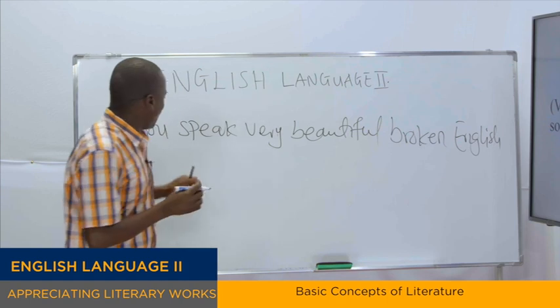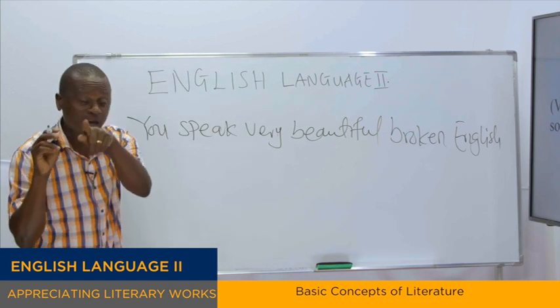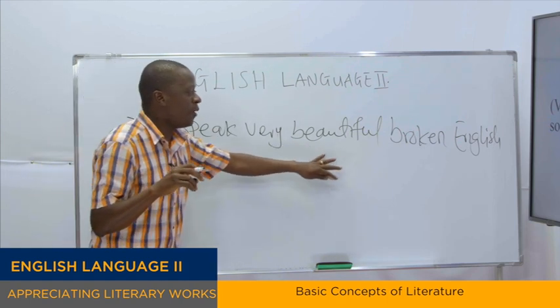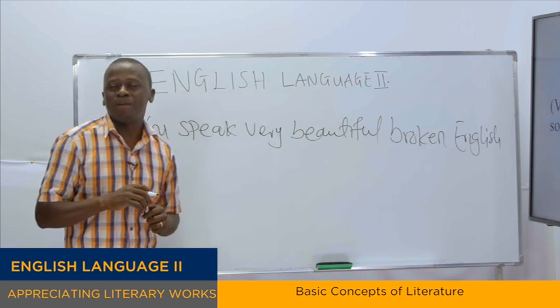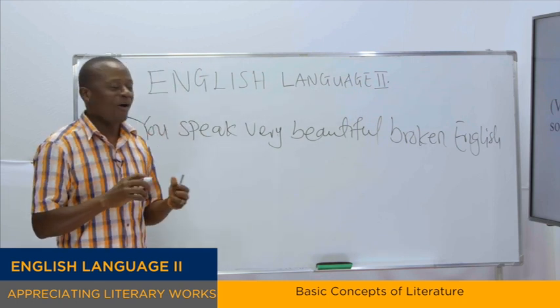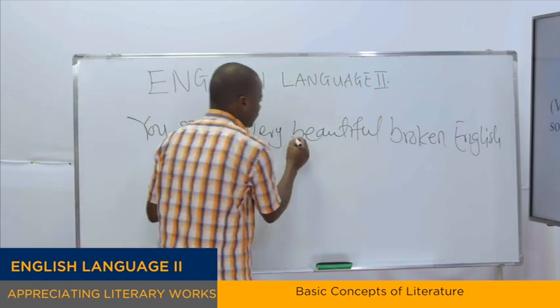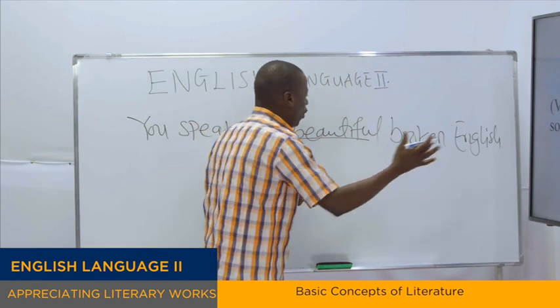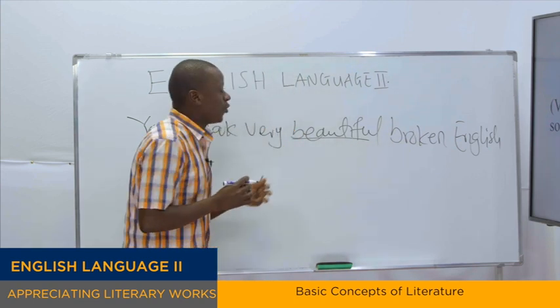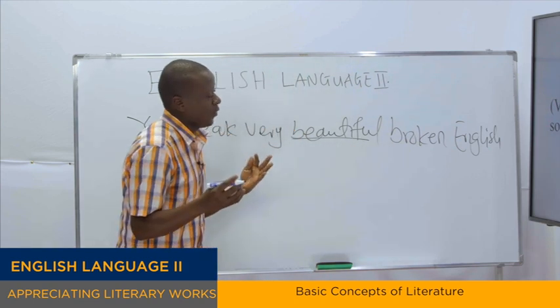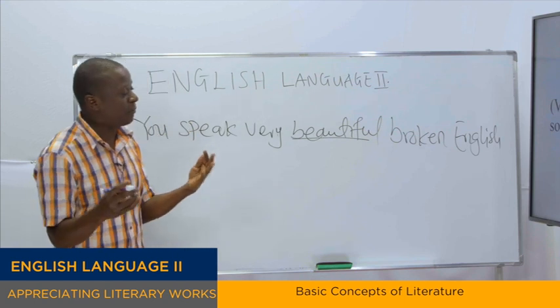Now, look at this example: you speak very beautiful broken English. Again, you'll be able to tell me that the word beautiful here is such a comic word or a funny word. So you are criticizing someone's English, the way he or she speaks, that is a broken English.